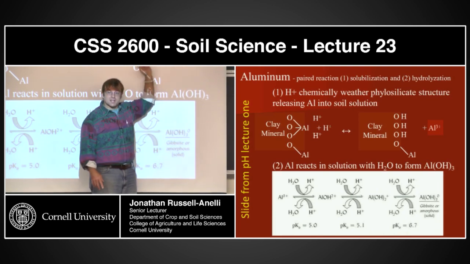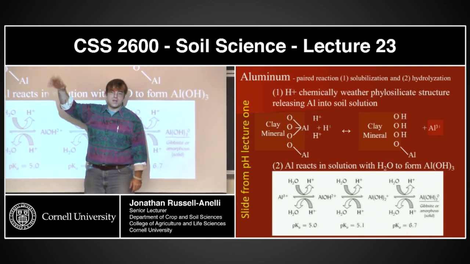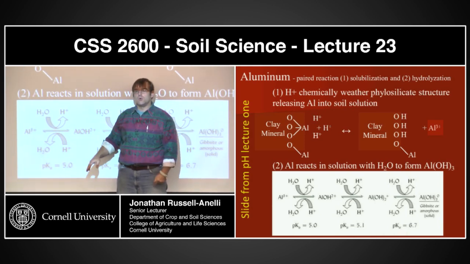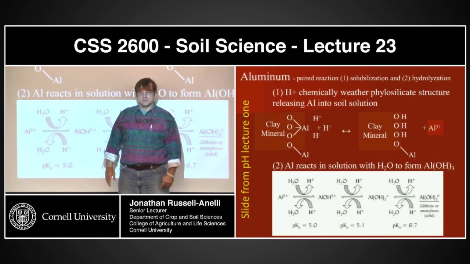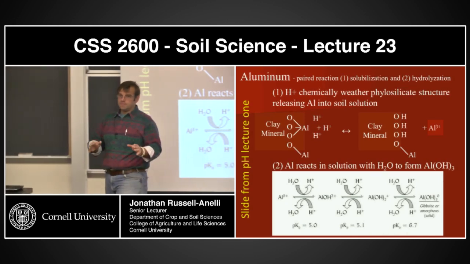Yes, some of those bases can hang on in the cation exchange capacity, but as long as I keep acidifying a system through rainwater or something like that, the system will ultimately drive towards a low pH soil. Does that make sense? It may take a while, but it will happen.